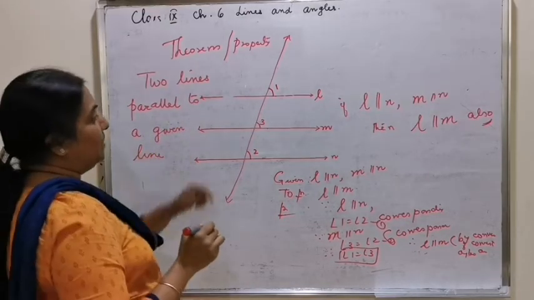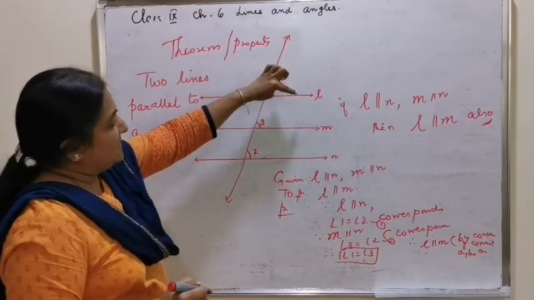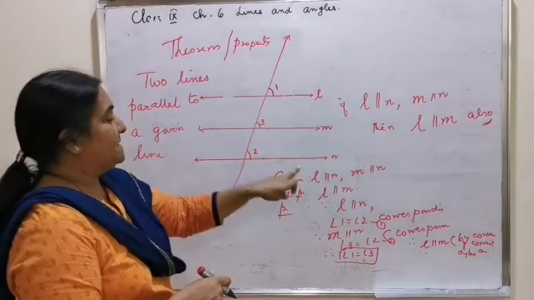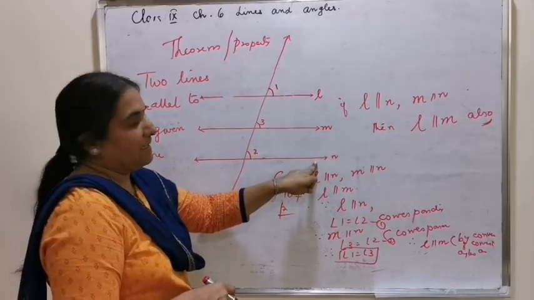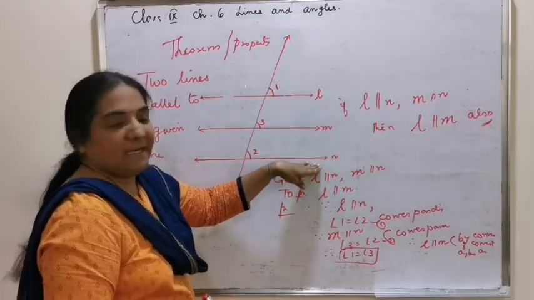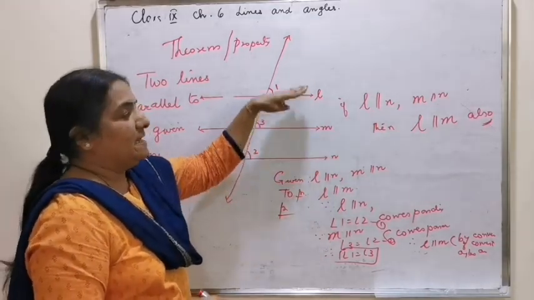That is, we are talking about two lines means L and M. Parallel to a given line means the given line we are talking about, N. That is, if L parallel to N, M parallel to N, then automatically L and M are parallel.